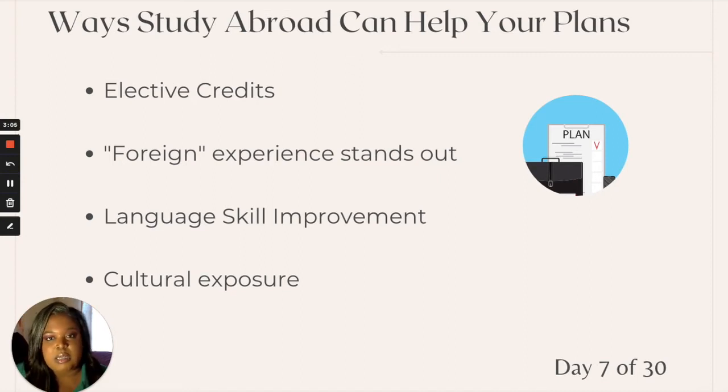So maybe you are studying, I don't know, maybe law. You've had a lot of really intense courses, but there is an opportunity for you to take maybe a creative writing course, which is not necessarily going to be directly related to your law degree, but it's something that could still be really enriching and could help you work on different skills that you may need to use in the future for some reason. So you want to think of it in that scope.